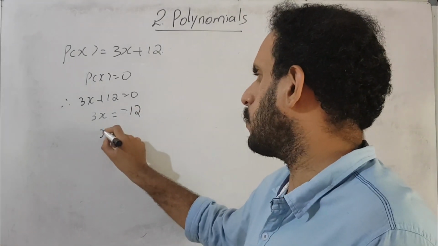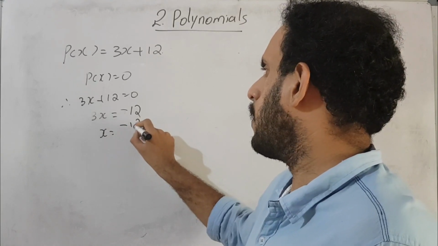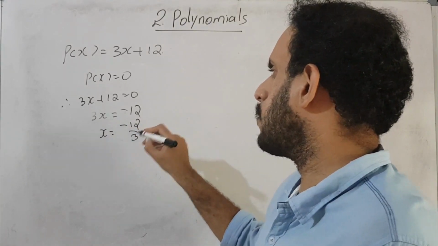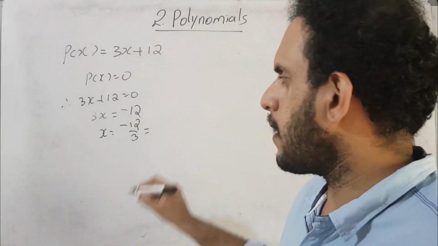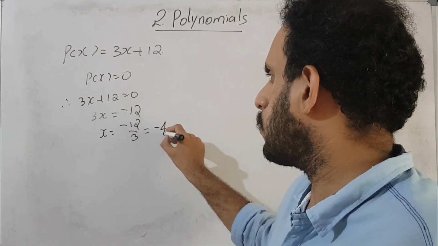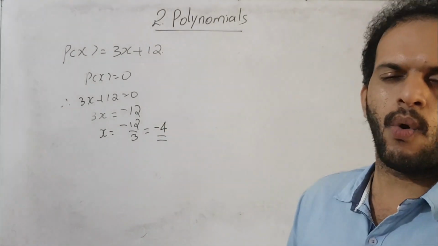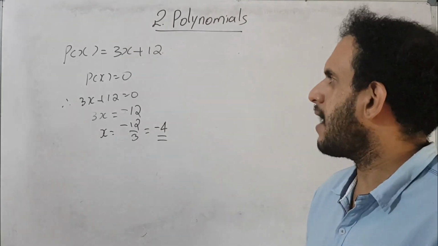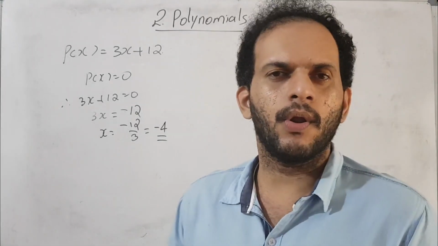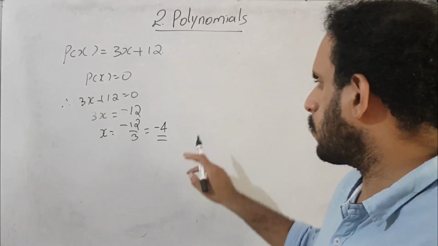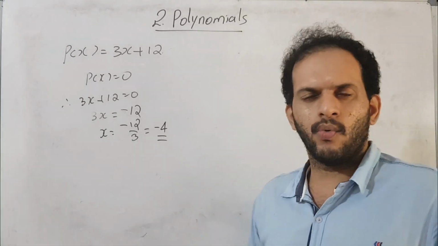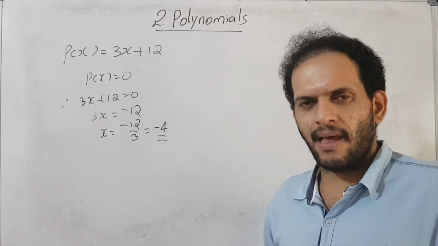So x is equal to minus 12 divided by 3. Minus 12 divided by 3 is equal to minus 4. So what is the 0 of the polynomial 3x plus 12? The 0 of the polynomial 3x plus 12 is equal to minus 4. We did this type of many questions last year.